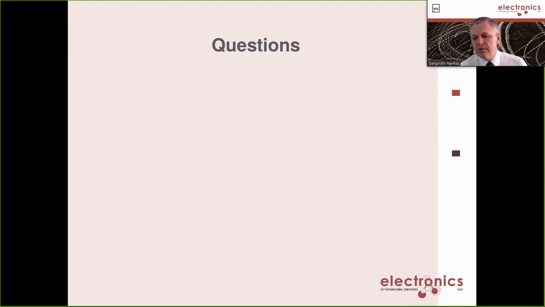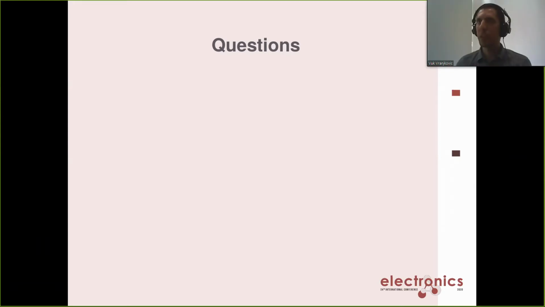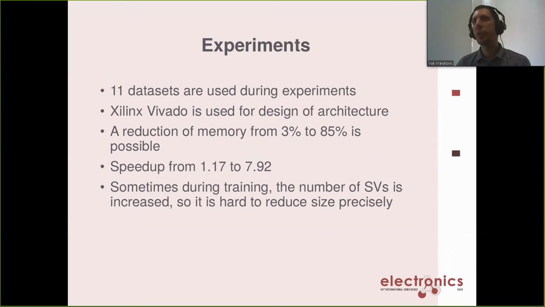When you speed something up or reduce memory, usually you must sacrifice something. What is sacrificed in this case? Accuracy of classification? Yes. Accuracy is sacrificed by 1%, 2%. It depends on the data set.